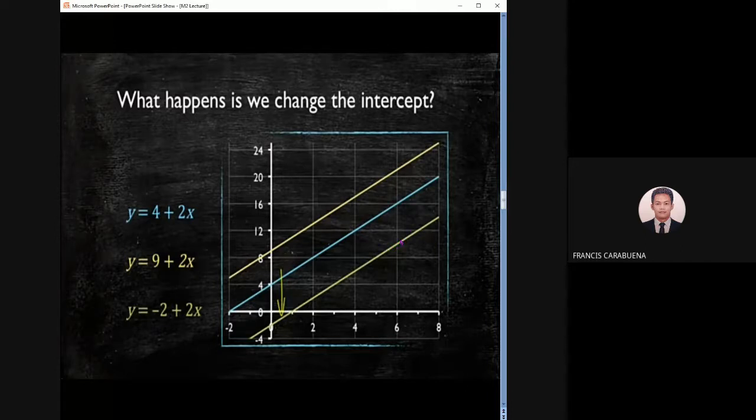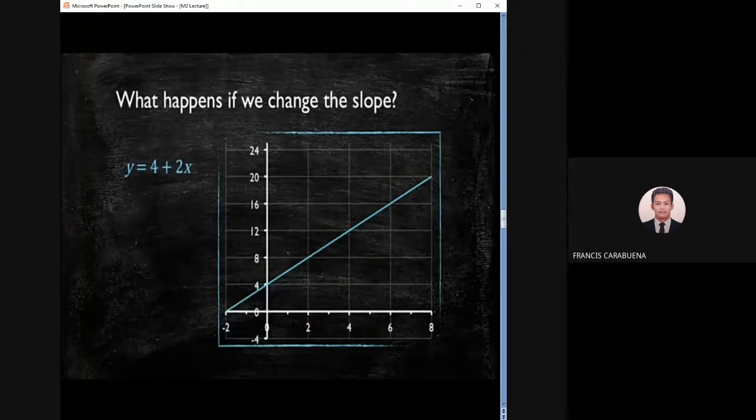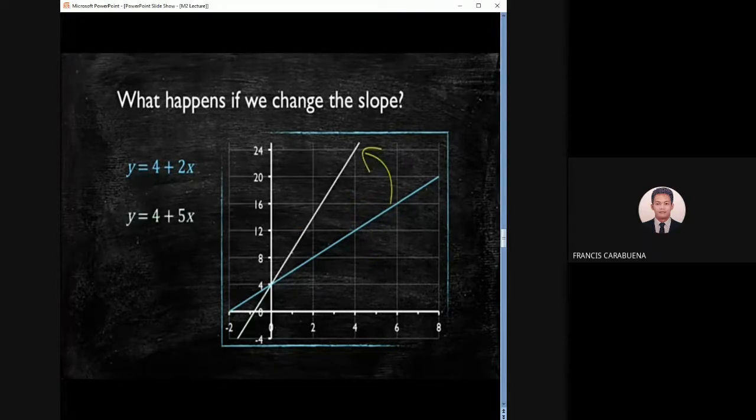Now, what happens if we change the slope? If we change the slope, we're changing the sensitivity of y to values of x, meaning how fast or how slow y will change when x changes by one unit. If the slope were 5, that means for every unit of x, y is going to increase 5 times.